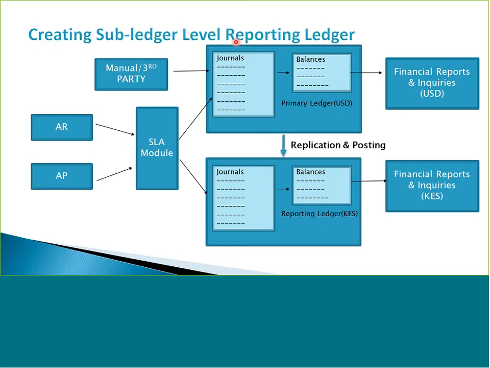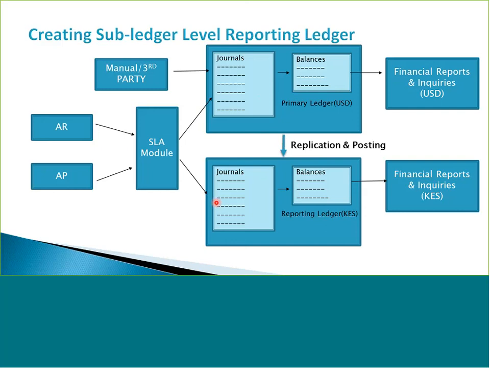And then once we post those journals here, they would be replicated and posted in the reporting currency ledger. But for the sub-ledger level, the create accounting program creates journals for both the primary ledger and the reporting ledger in the foreign currency.